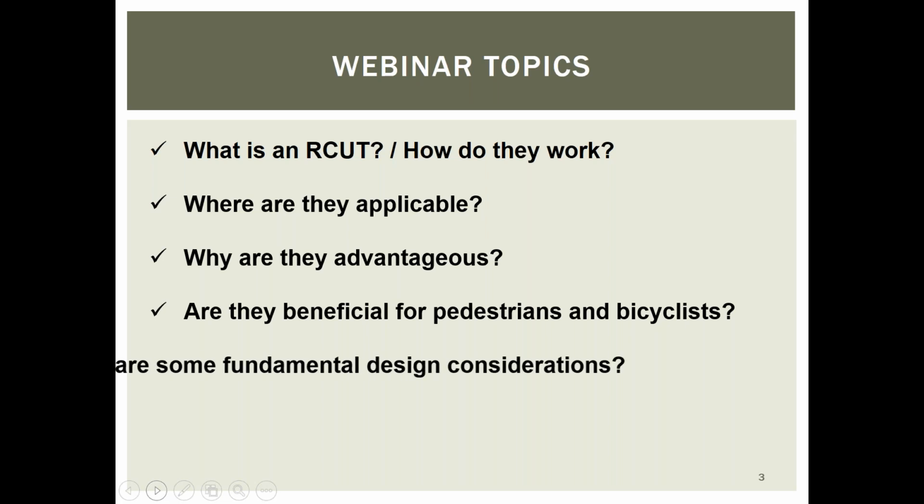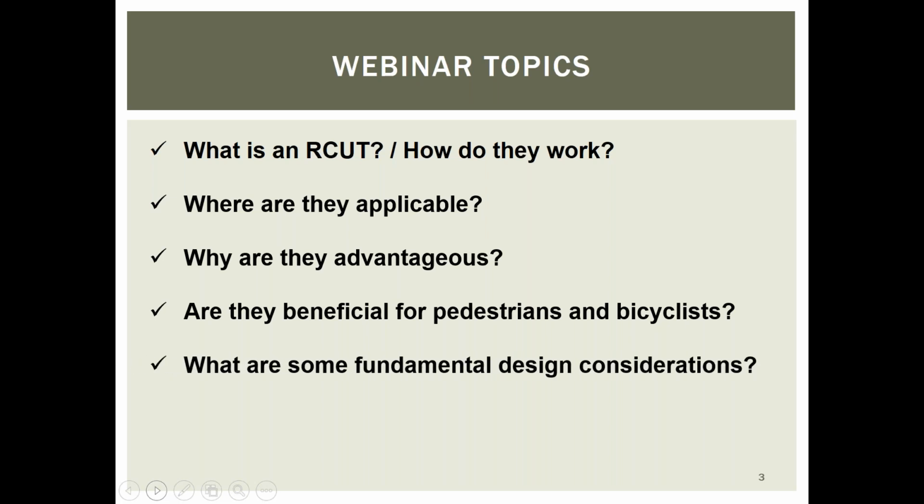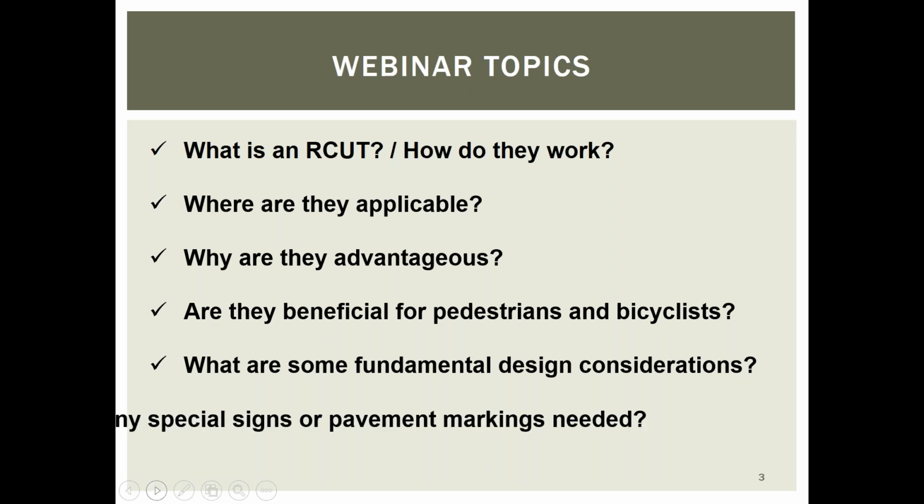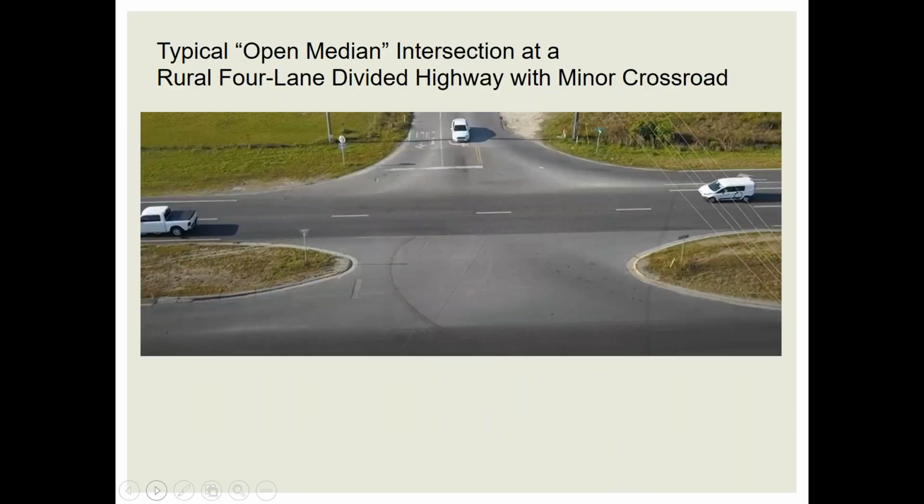And very excited to show you how that can be done. We'll talk a little bit about some of the fundamental design considerations that you should be aware of. And are there any special signs or pavement marking needed? Well, not really, but I'll show you some examples of what can be done with the signing. So this is what we're going to cover today.